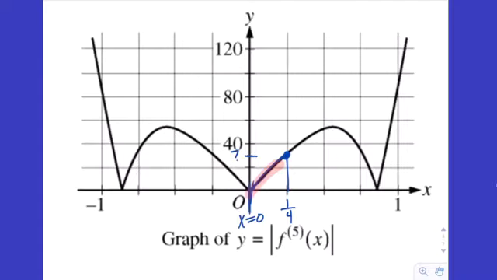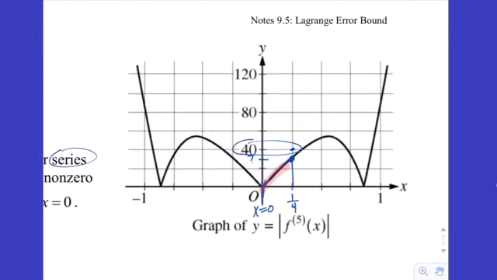Because it's not marked. It could be 28, could be 31. So what's the first number that's safe to use? 40. There you go. Everyone see that? They're trying to guide you to 40. It's the first number that we know for sure is bigger than the maximum value on that interval. So we got 40.